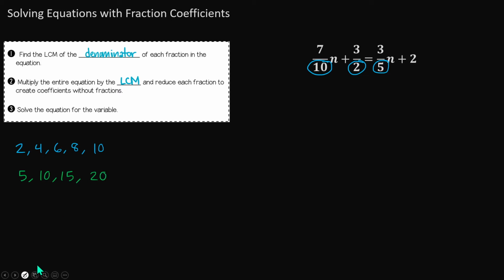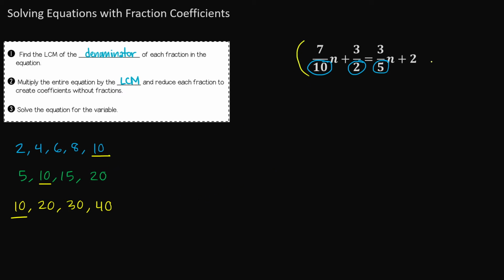And multiples of 10: 10, 20, 30, 40. And I'm already seeing that they have a multiple in common. So I'm seeing the smallest multiple they have in common, the least common multiple, is 10. What that means is we're going to multiply the entire equation by 10.